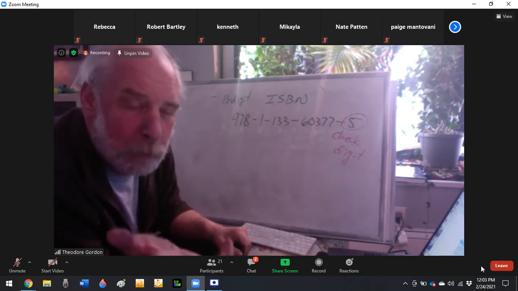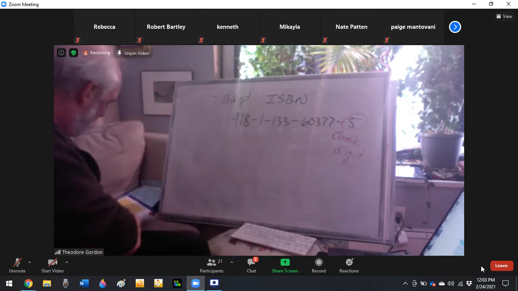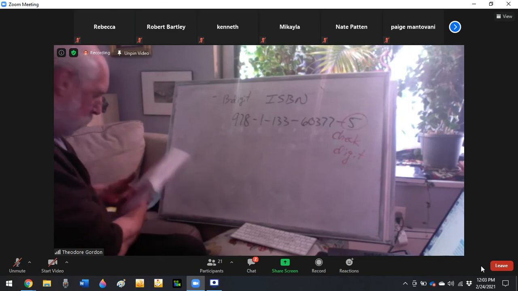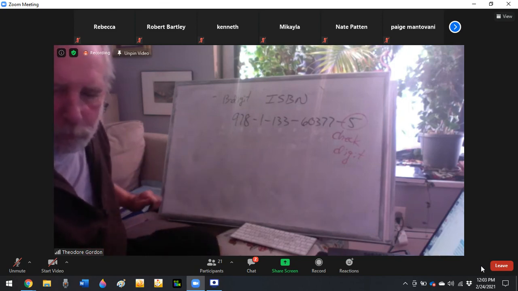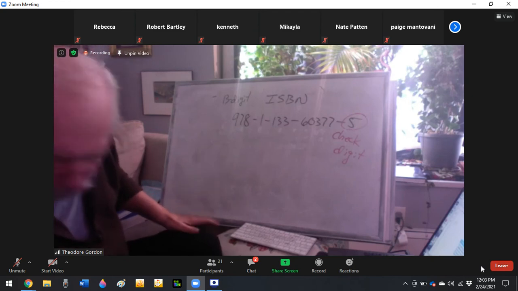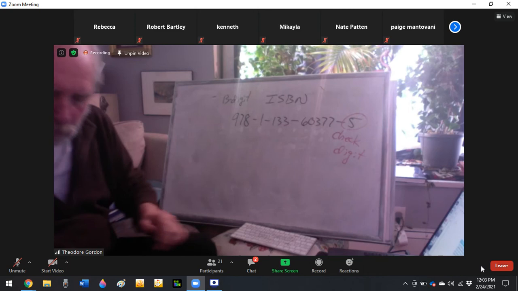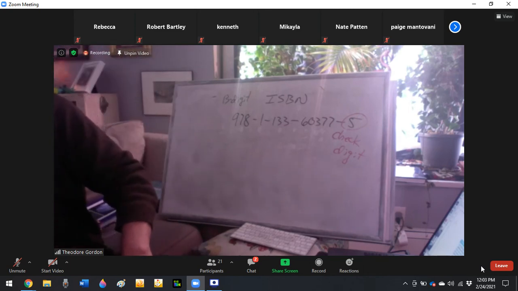Somebody also mentioned barcodes, the UPC codes that you see on the back. Somewhere I have a UPC code. Maybe I don't have a UPC code. Oh, here we go.